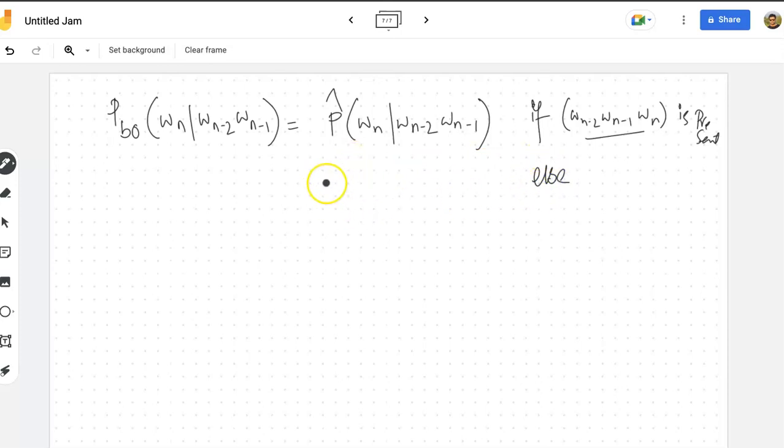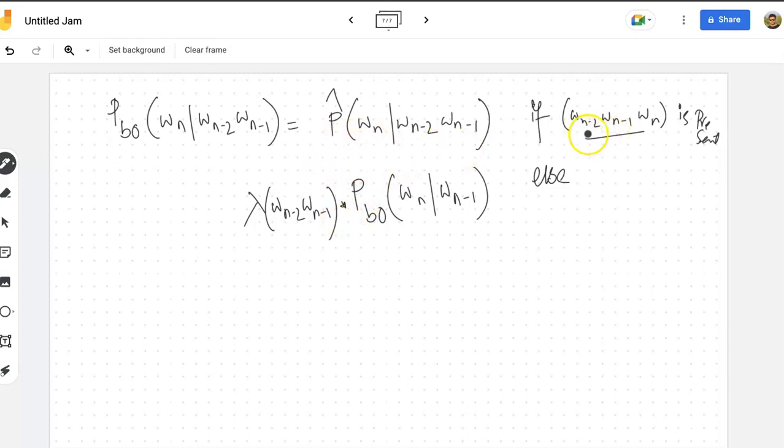we go one step down and find the back-off probability of the bigram, the same thing but with a lambda of Wn minus 2 involved. I hope I have written it correctly. So this is the first part.